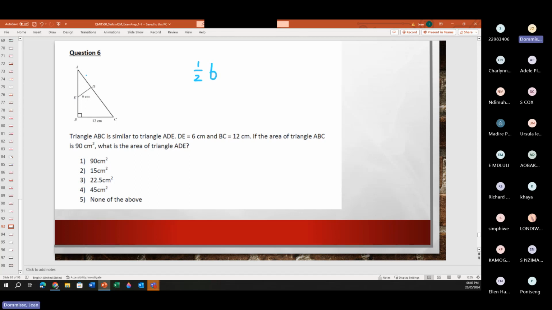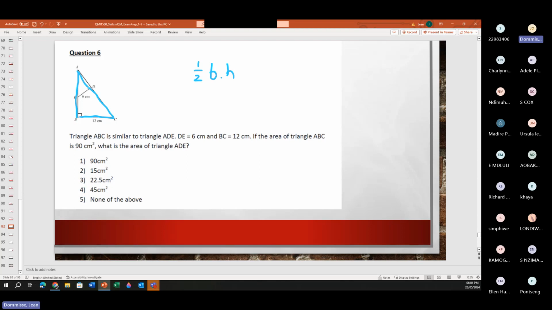Just quickly, to work out area is half times base times height. We've got the height, we don't have a base. Let's quickly see what we have.